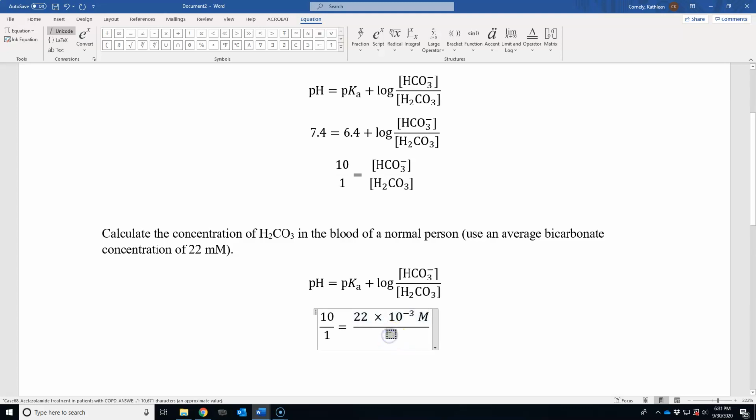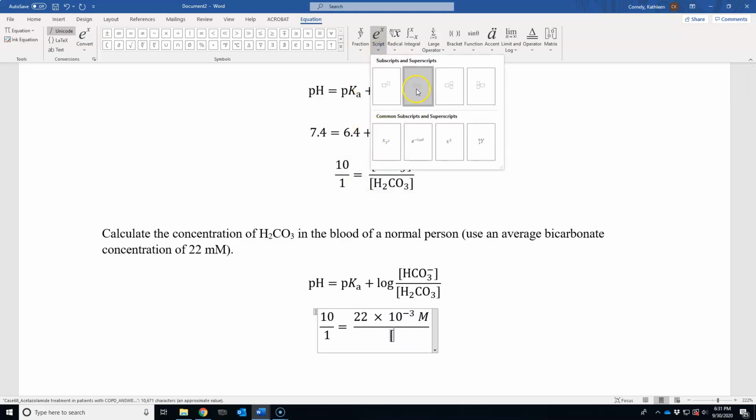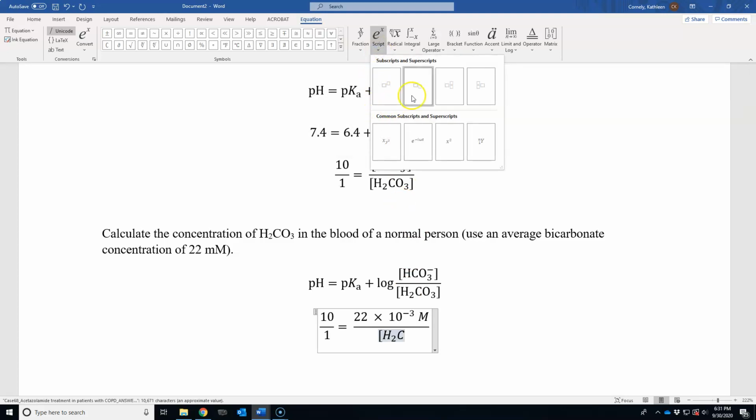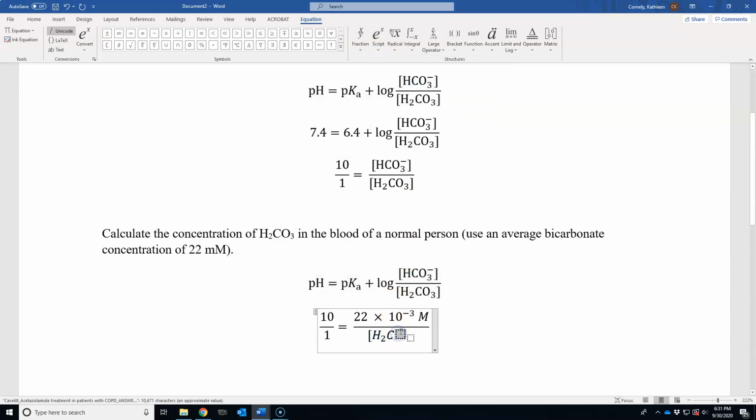Then down here, I have to do the subscript. H, right arrow 2, right arrow C, and then another subscript, O, right arrow 3, right arrow again. All right, so I have my 10 to 1 concentration.